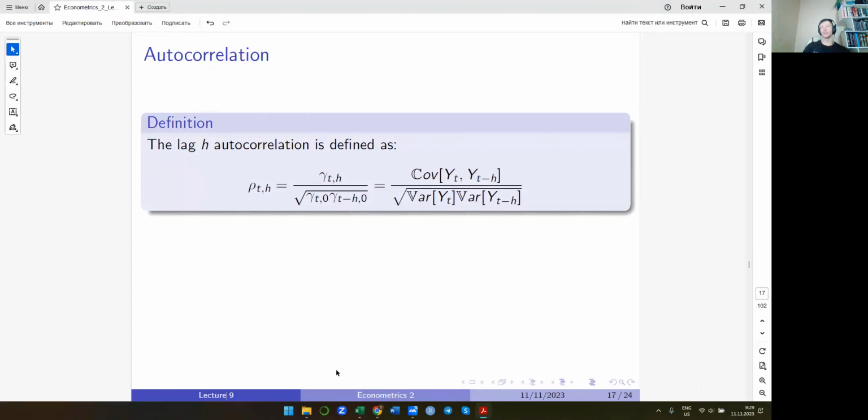Now, autocorrelation. Autocorrelation is defined in a similar way. We take lag h, and in the numerator we take the autocovariance of lag h, and in the denominator we have the square root of the product of the variance of y_t and the variance of y_{t-h}.